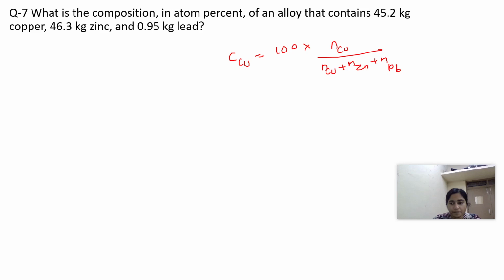And there will be one more data which is given, that is the mass of copper, that is 45200 gram.